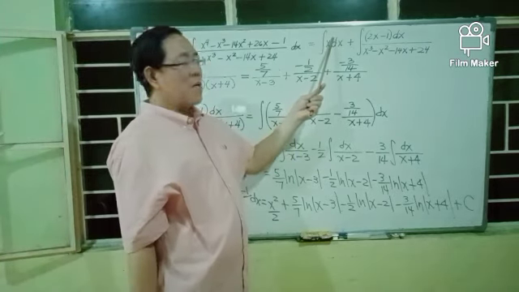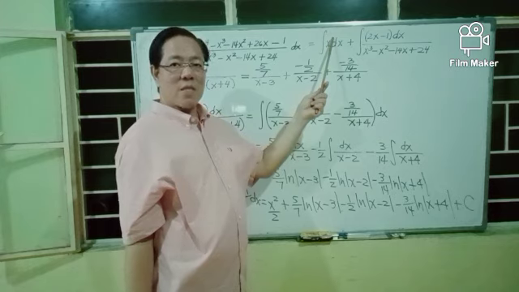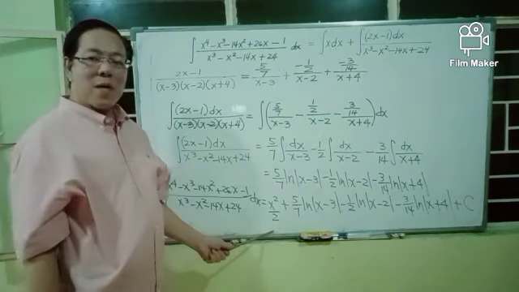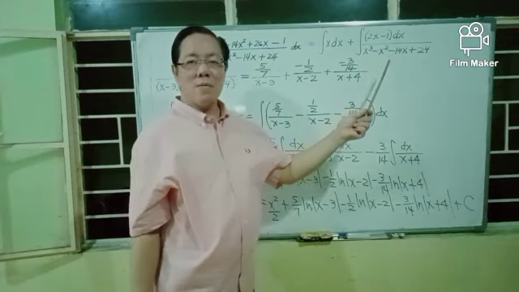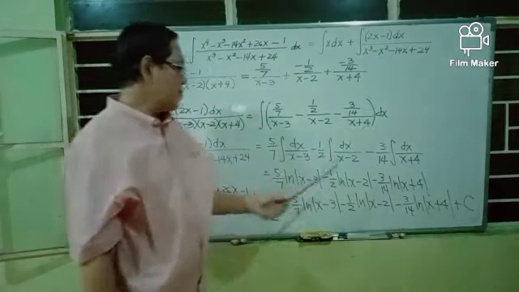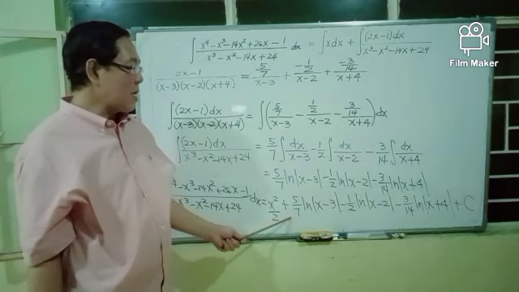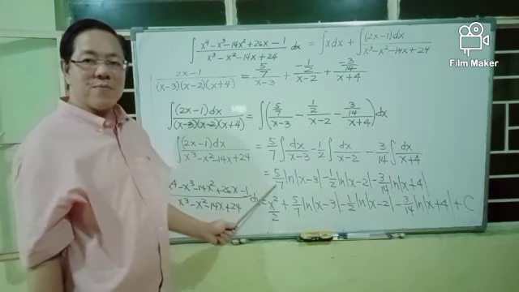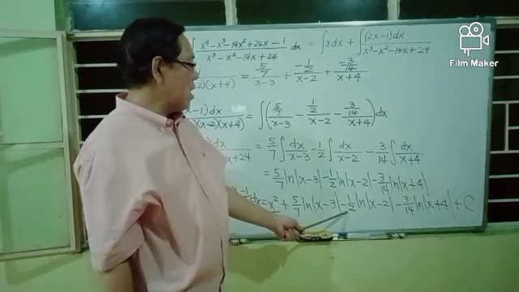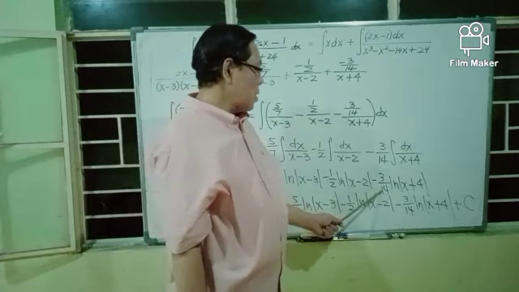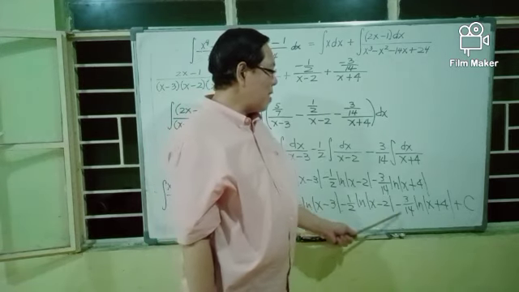By power rule, the exponent of x is 1 plus 1 is 2. X squared divided by 2 plus the integral of the second term by partial fraction case 1 is equal to 5 over 7 ln of x minus 3 minus 1 half ln of x minus 2 minus 3 over 14 ln of x plus 4.